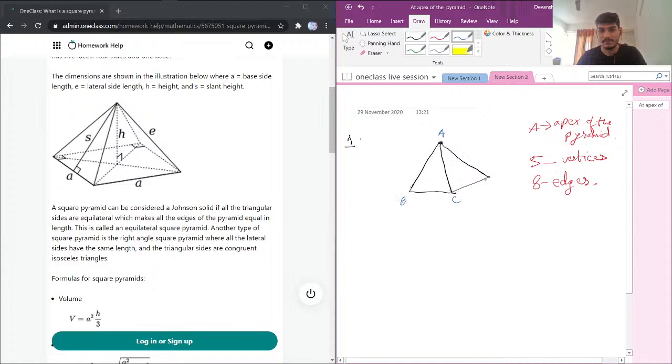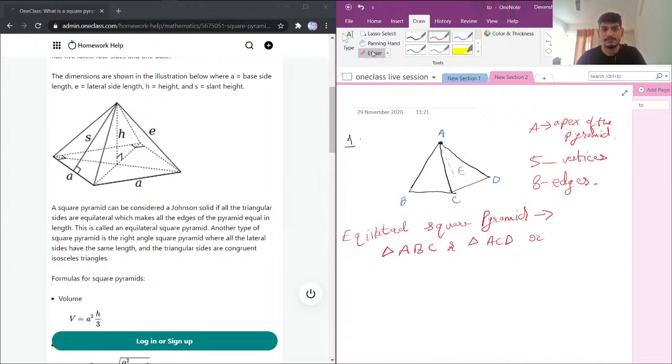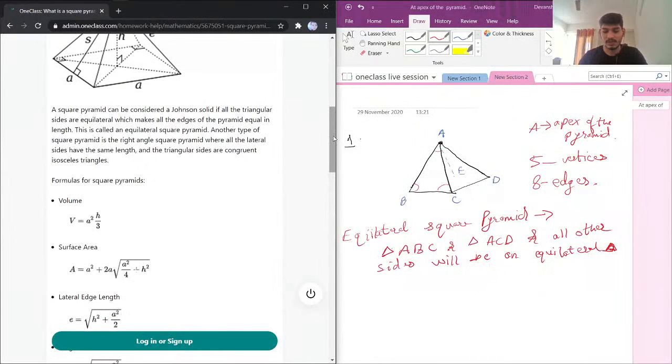A, B, C, D, and then we'll have E. So in that case, for an equilateral square pyramid, we have triangle ABC and triangle ACD, and all the interior angles are those of an equilateral triangle.